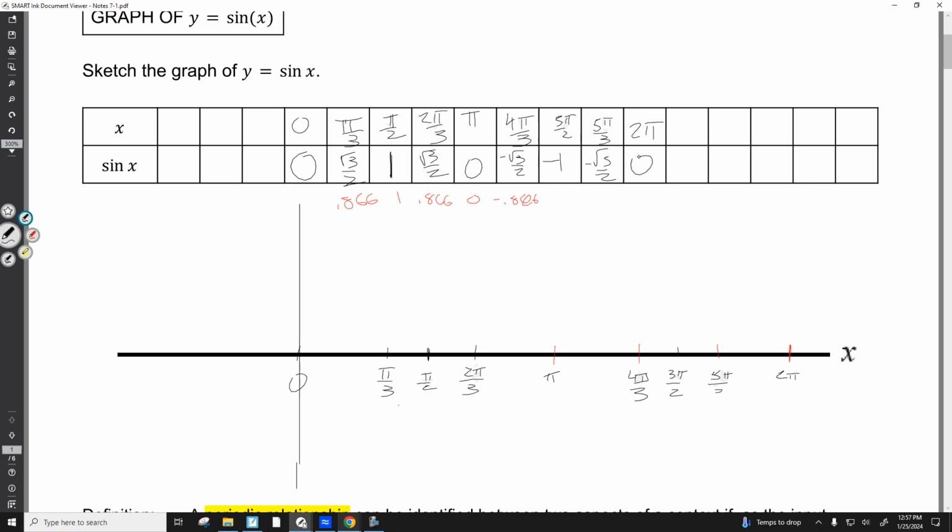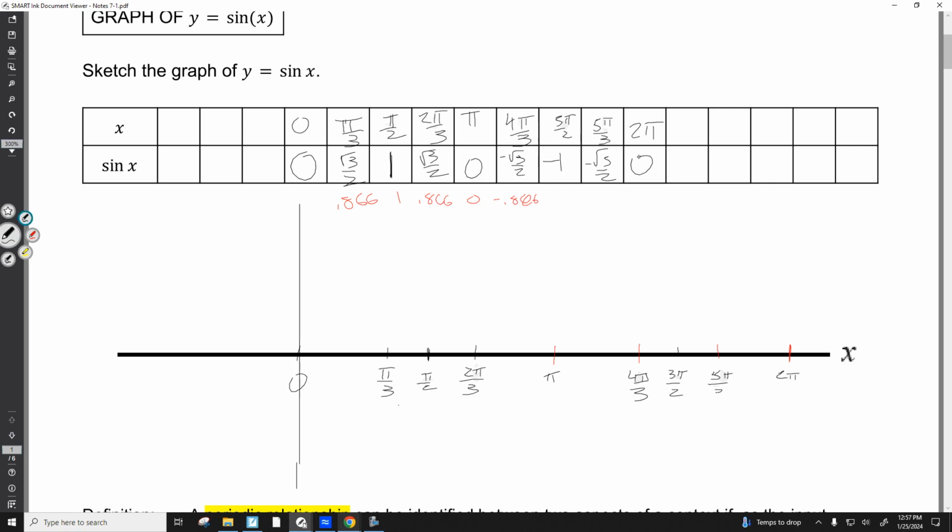Okay, let's look at the y values that we are producing. We are going to put some values on our y-axis. I have 0, y equals 0. I have root 3 over 2, that's 0.866. I have 1. I have 0.866, I have 0, I have negative 0.866, I have negative 1, I have negative 0.866, 0. So notice, I don't go very high with my y values.